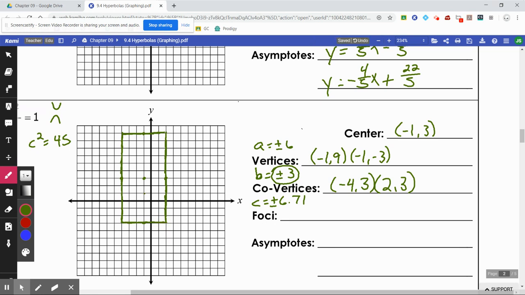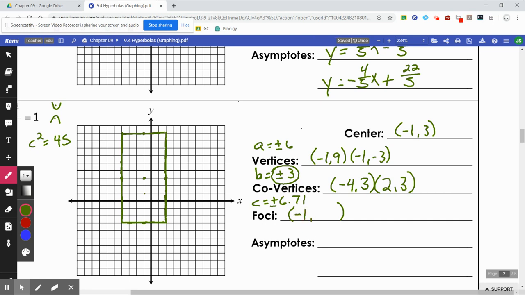If you want to do your foci next, it really doesn't matter. Since this is vertical, your foci are always located on the transverse axis, which is your up-down axis in this case. So from our center, we're going to go up 6.71, and that's going to be at 5.71, comma 3. And I believe I went the wrong direction.